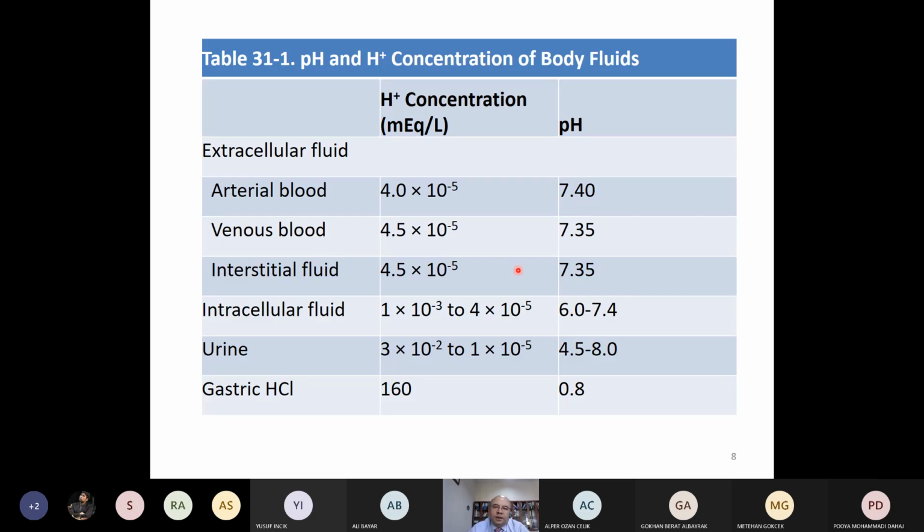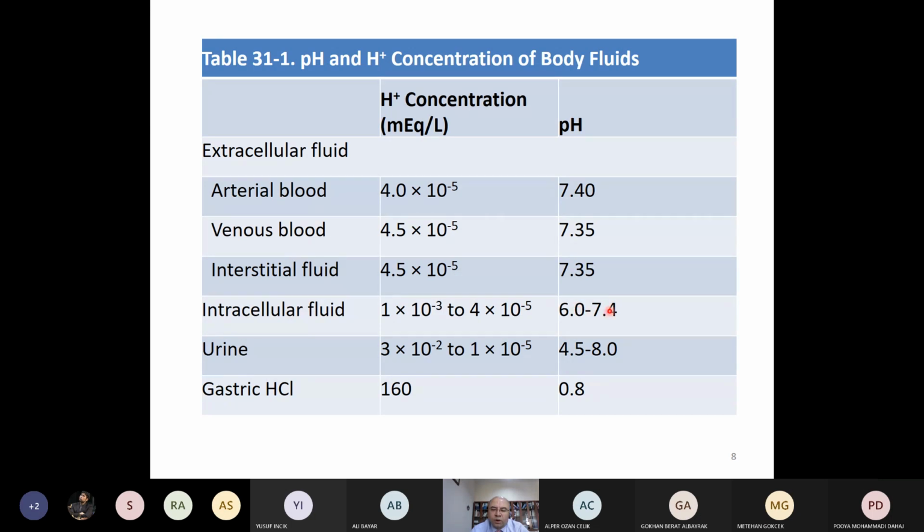Here you see the values of pH in different parts of circulation and also in urine and stomach. Arterial blood 7.4, venous blood 7.35, interstitial fluid similar to venous blood, 7.35. Intracellular fluid pH varies between 6 and 7.4.